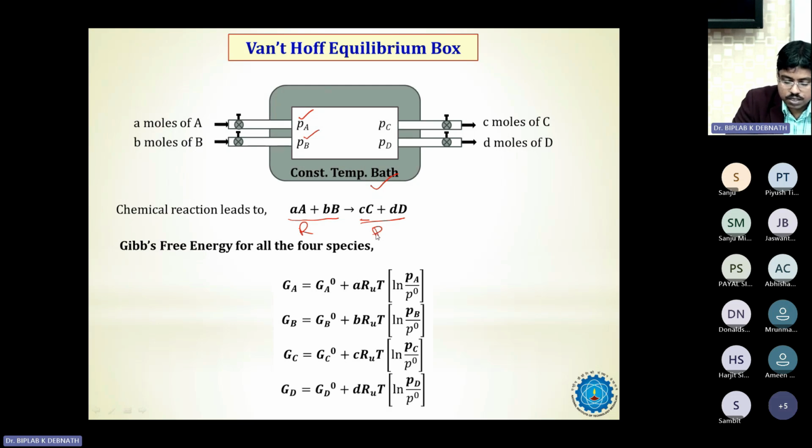And for species D, Gd is equal to Gd naught plus d RT ln Pd by P naught. So these are the Gibbs functions, or rather the Gibbs free energies, for all four species A, B, C, and D.